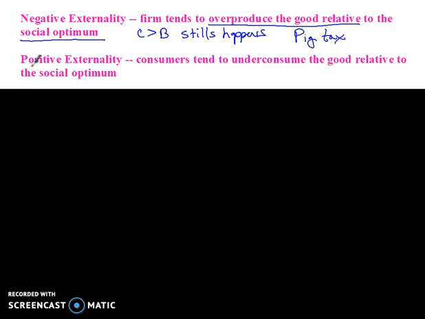And then if there's a positive externality, this is where consumers tend to underconsume the good relative to the social optimum. My example of that in a previous video was education. Consumers will tend to underconsume education relative to the social optimum.